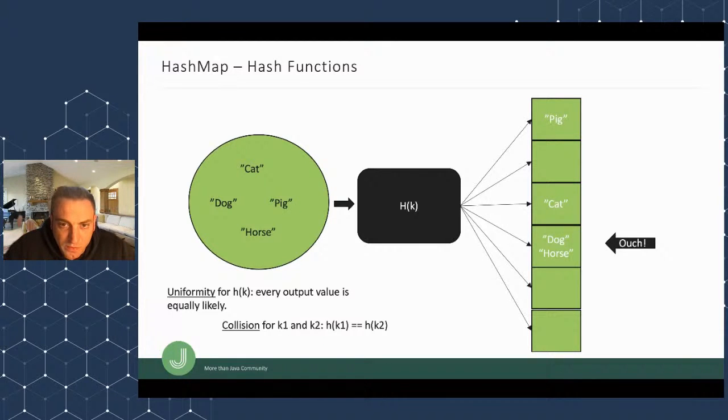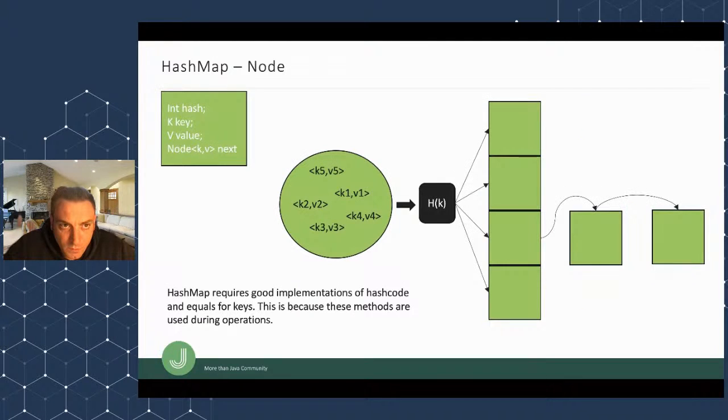So how to cope with this? First of all, remember that in a hash map we store key value pairs. But we don't do that in a naive way, because we have to cope with collisions.